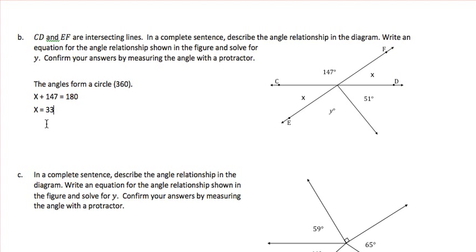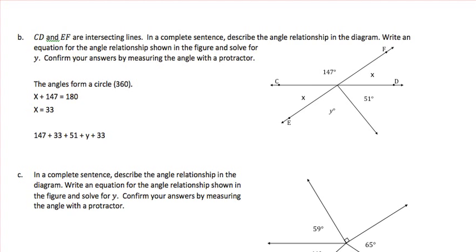Now we can easily solve the circular by adding 147 plus 33 plus 51 plus y plus 33.